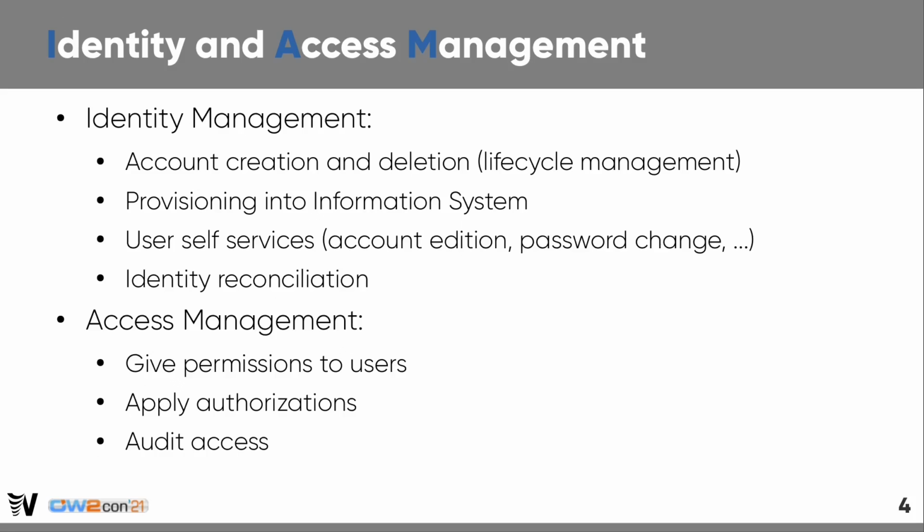And also how you will be able to copy and forward this identity into the information system. We can also put in identity management how the user itself will manage its data. It includes its password, of course. We also talk about identity reconciliation, which means how we gather data from different data warehouses, and we know that all this data belongs to the same user.